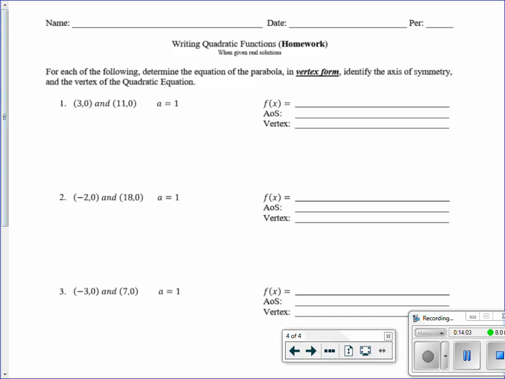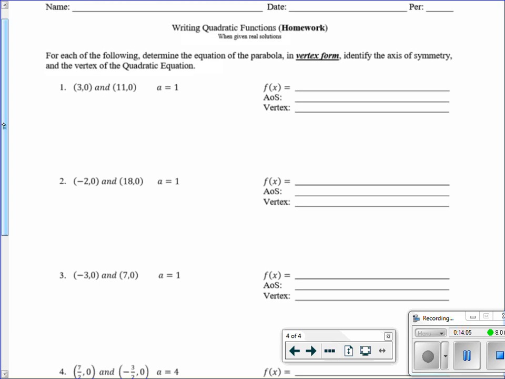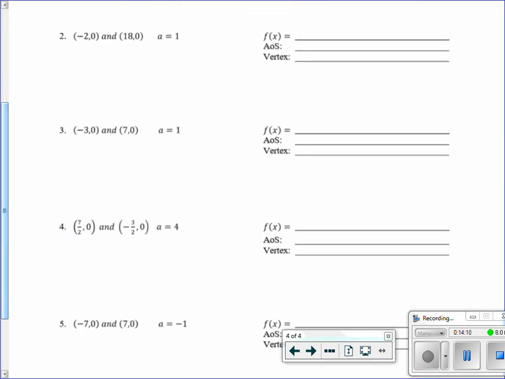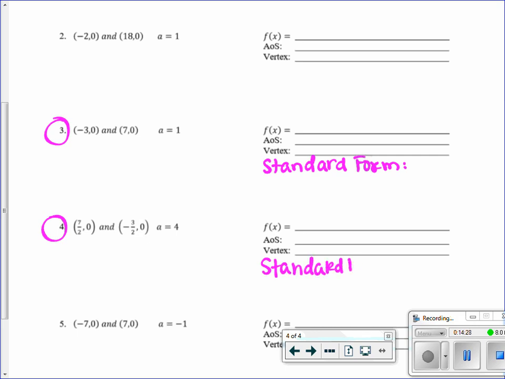But when you get down to number 3 and number 4, I want you to add in that you are also writing it in standard form. So on number 3 and number 4, you are also going to write them in standard form.